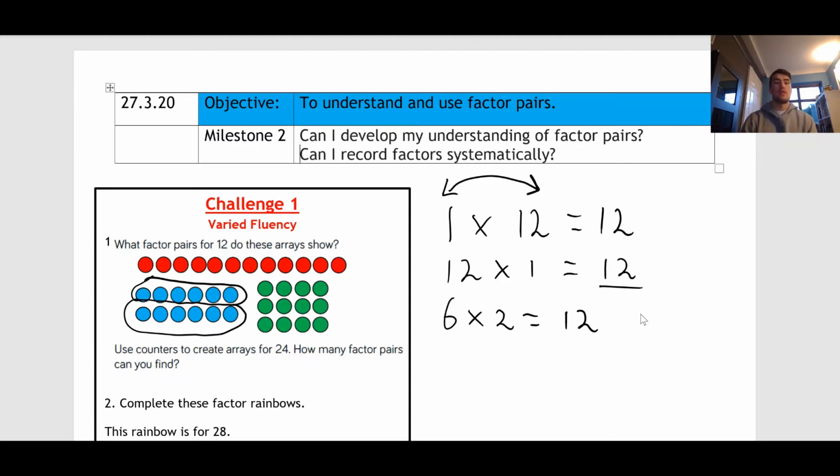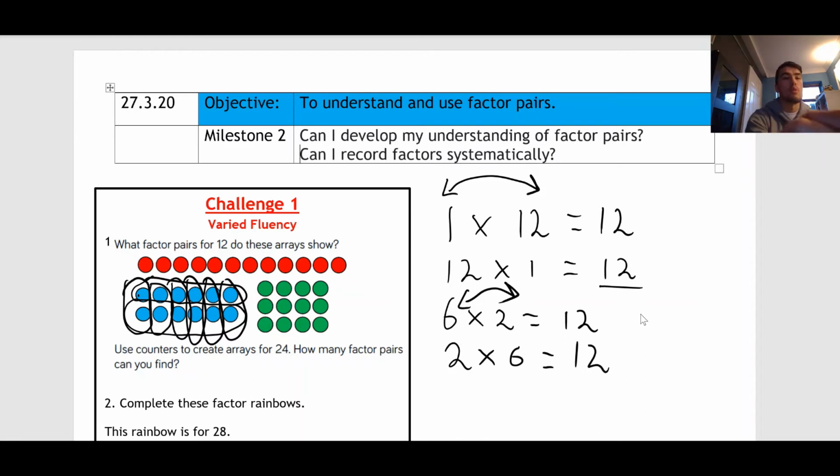You may have looked at it this way: 2, how many groups? 1, 2, 3, 4, 5, 6. 2 times 6 equals 12. So you can see the commutative again, it doesn't matter what order it is in.